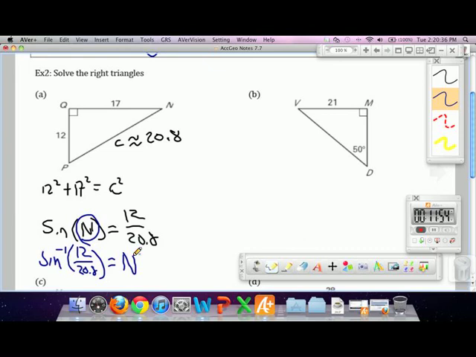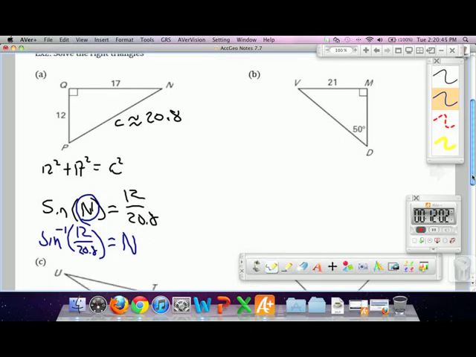Inverse sine of 12 over 20.8 should give us the angle measure for angle n. So inverse sine of 12 divided by 20.8 is about 35.2.